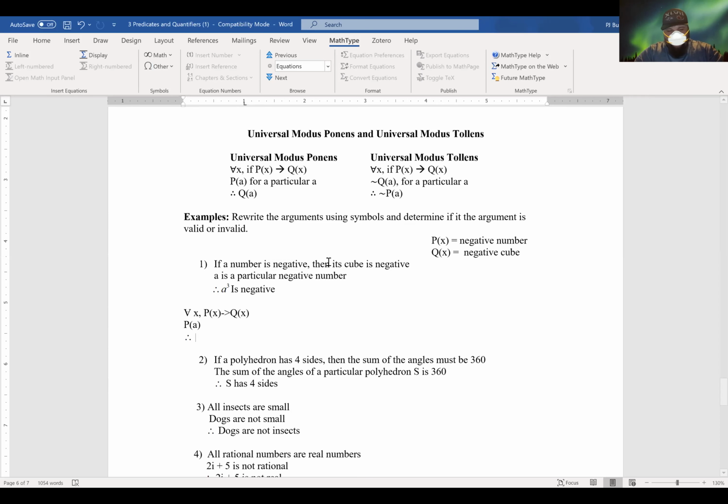So that's Q of A. So in fact, this is in the form of universal modus ponens. And if that's the case, then we can say it is valid.